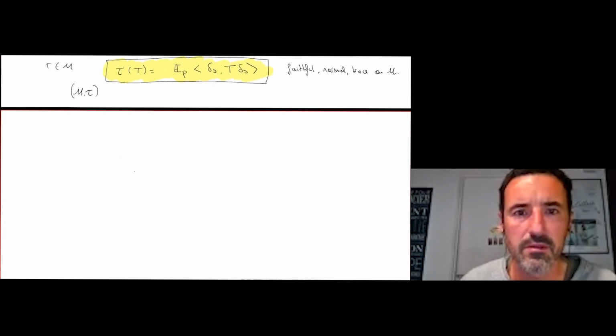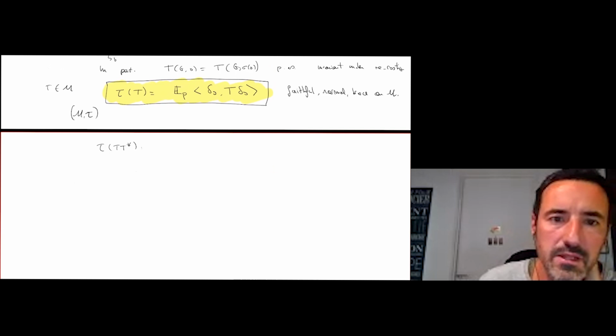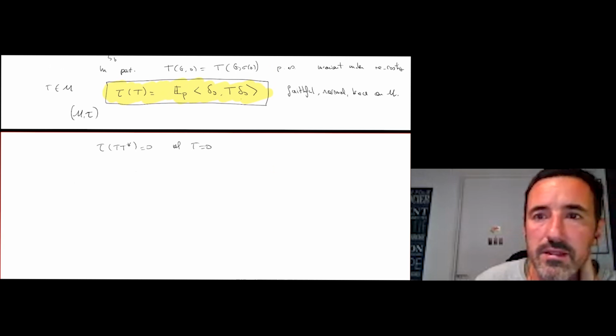Okay, so you should prove that faithful means that tau of T star T, which is non-negative, is 0 if and only if T is 0. So how do you relate the unimodularity property to this property?